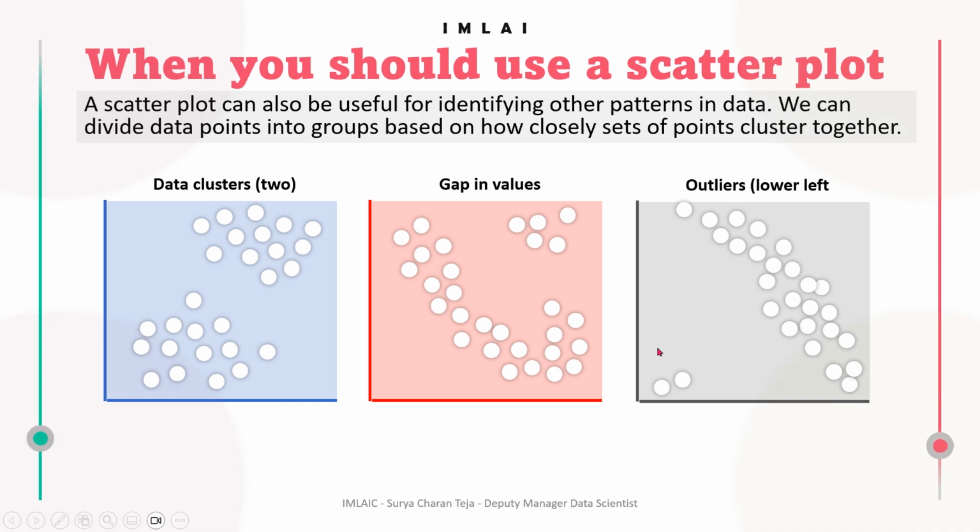But on the left side, there are two data points which are completely away from our relation, away from our trend or pattern. These are called outliers. So we can use scatter plots even to find the outliers.